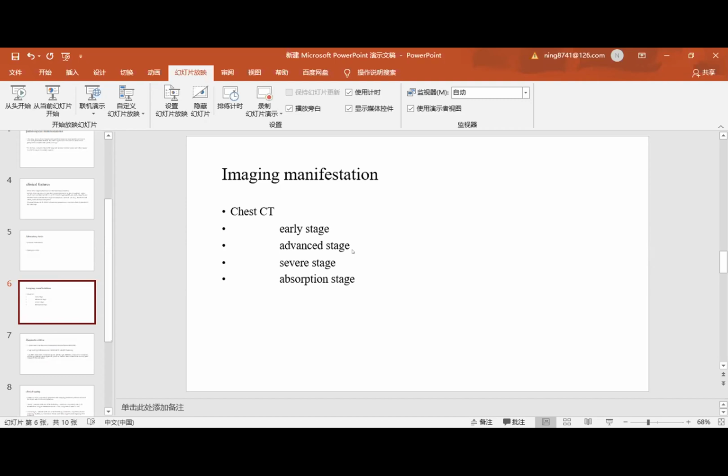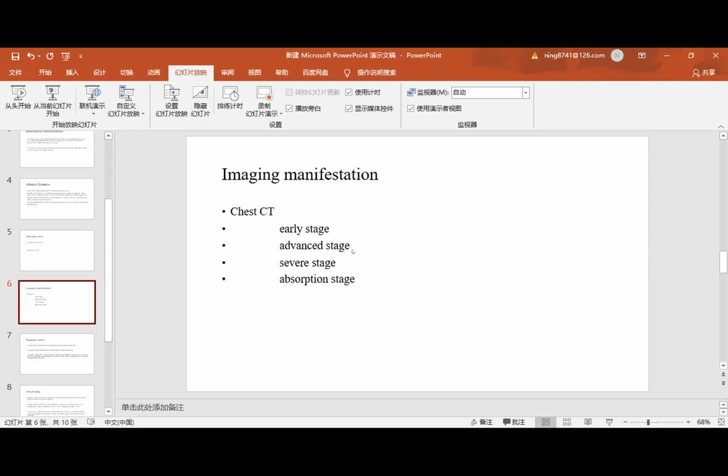Multiple lung lobes are involved. Some lesions are consolidated. Ground glass shadow coexists with consolidation shadow or striped shadow. Sometimes crazy paving sign appears, or fibrotic lesions are combined, and bronchial inflation sign is visible.